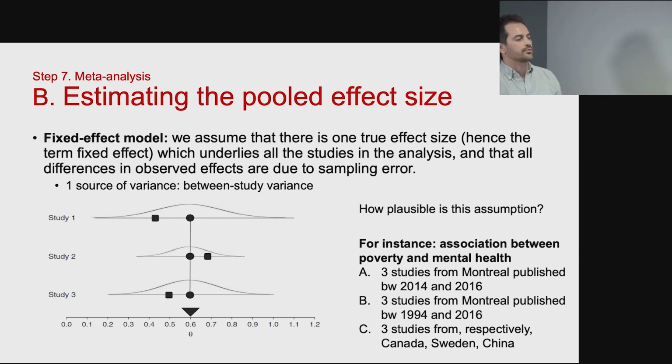But this is different if you consider 3 studies, always from Montreal, but spanning from 1994 to 2016. We can assume that the policy for poverty and the association between poverty and mental health might have changed in those years, right? This is even more evident if we want to pool studies from 3 different countries. How can we assume that the relationship between poverty and mental health is the same in Canada or in Sweden? So this assumption is, in 99% of the cases, not tenable.